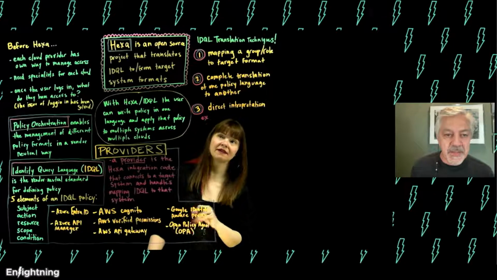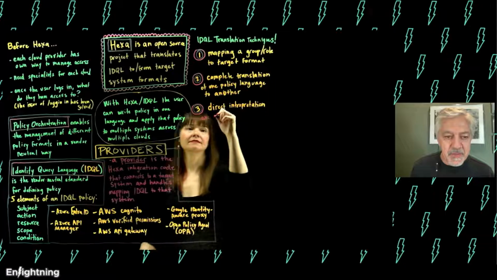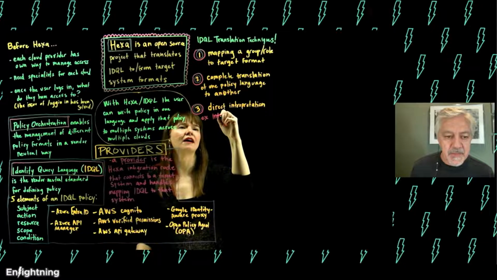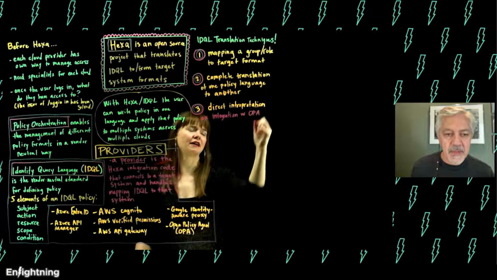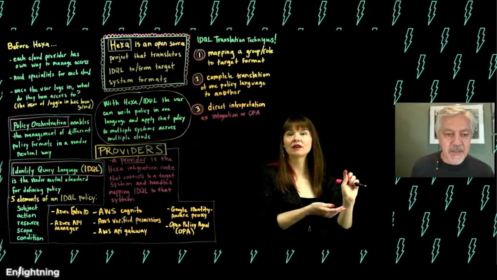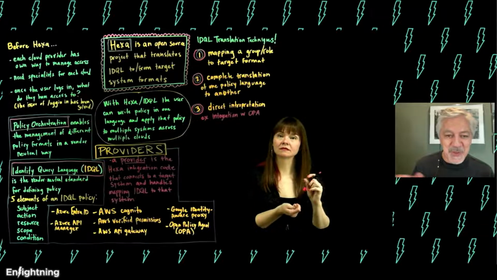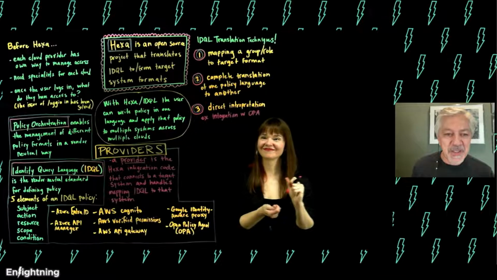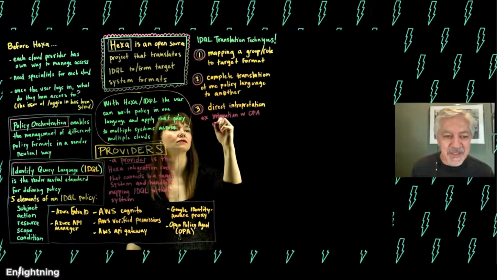Yeah, so the example would be our integration with OPA. I don't want too much detail. It is Rego code, but we call it a Hexa Rego module.